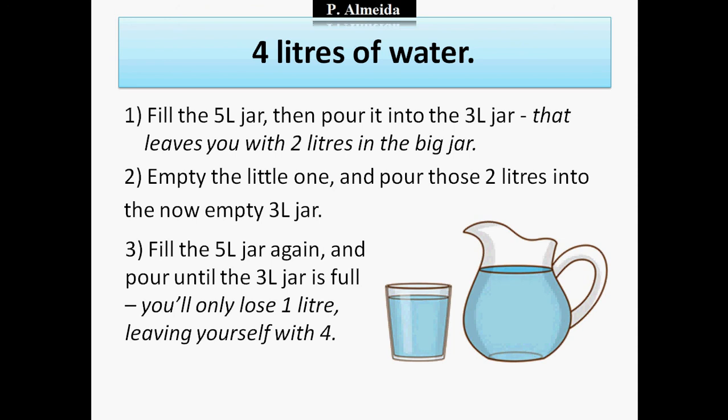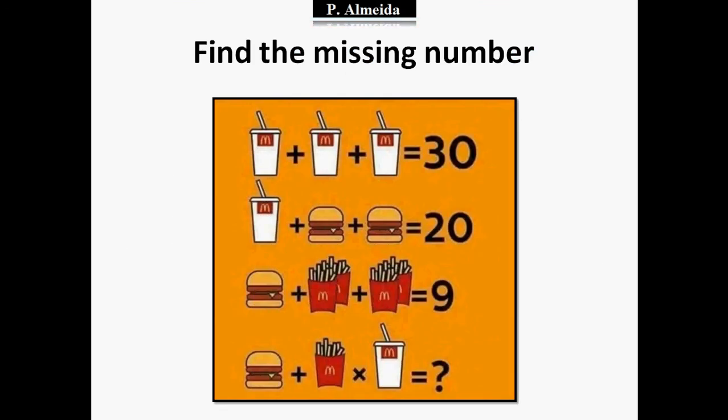So I hope it made sense, and I hope you enjoyed the 3 riddles and getting the answers. And as always, I'm going to give you a new riddle. There are loads of these on the internet, so you guys are used to them already. So find out the missing number.